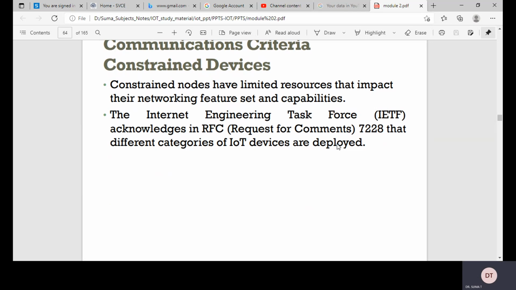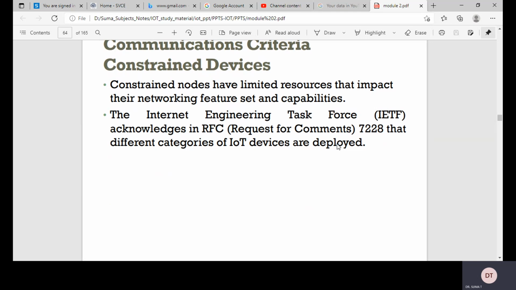While categorizing the class of IoT nodes is a perilous exercise, with computing, memory, storage, power and networking continuously evolving and improving, RFC 7228 gives some definitions of constrained nodes.